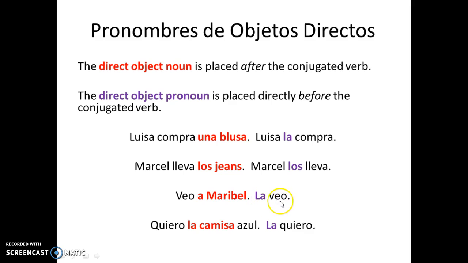It is placed before the conjugated verb veo. La quiero. La replaces la camisa in this sentence. It is placed before the conjugated verb quiero. So as a general rule, direct object nouns come after the conjugated verb, direct object pronouns come before the conjugated verb.